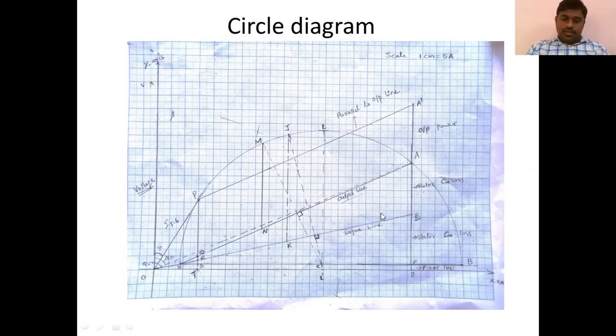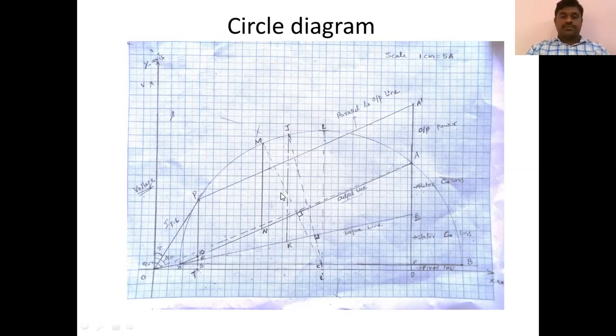Similarly, for the torque line, you have to draw a perpendicular from the center to the torque line. That will touch the circle at point J. Then extend this line straight vertically downwards to the torque line, so it touches that point K. The distance JK will give you the maximum torque in synchronous watts.